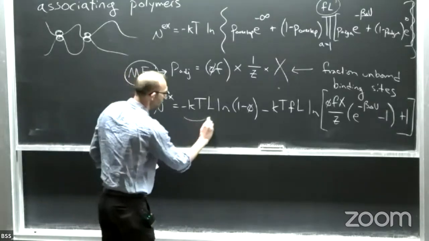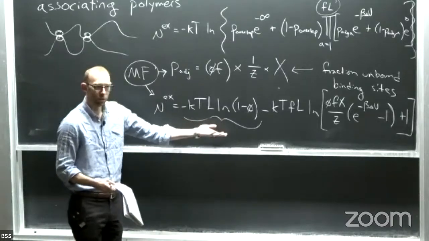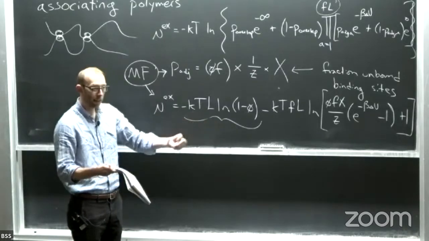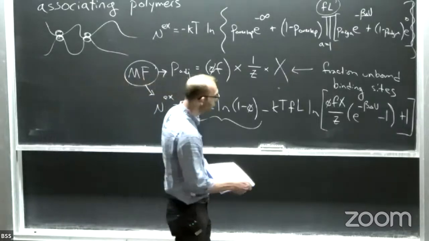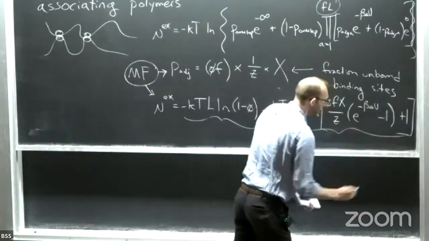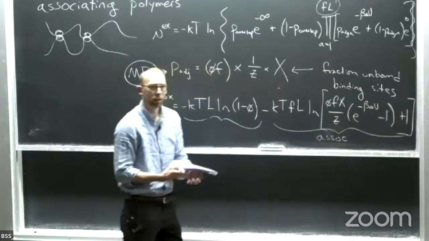Okay. And so this looks like what we saw before with the Flory model. This is just due to the fact that we can't put monomers on top of each other. But then we had this new term here, and this is the associative part.